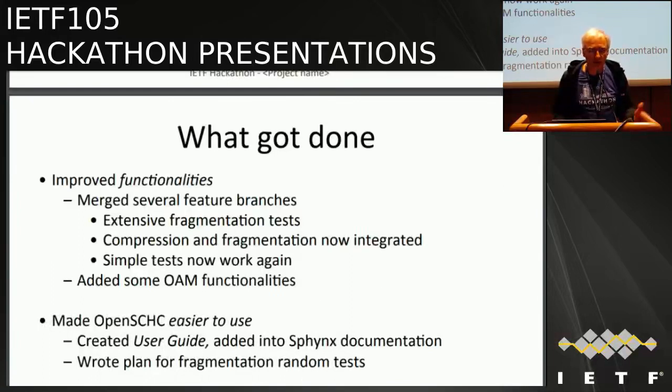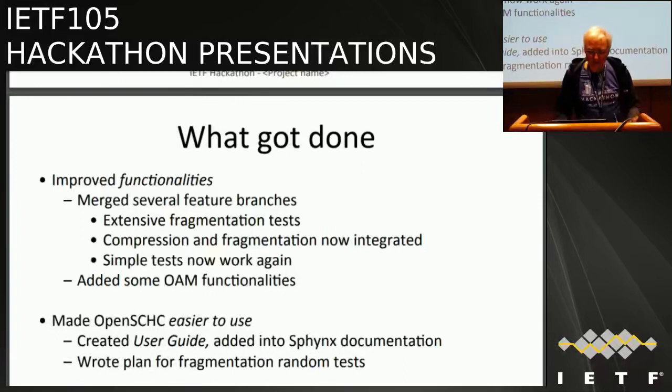We got the basic tests running again, with a few details to be ironed out yet. One of the branches provides the new fragmentation mode that was introduced last fall, including extensive testing of that. We added a few other functionalities, simple OAM features like ping responses.